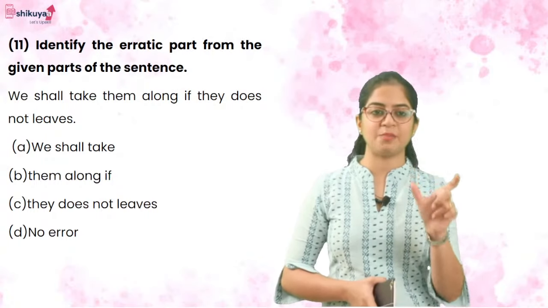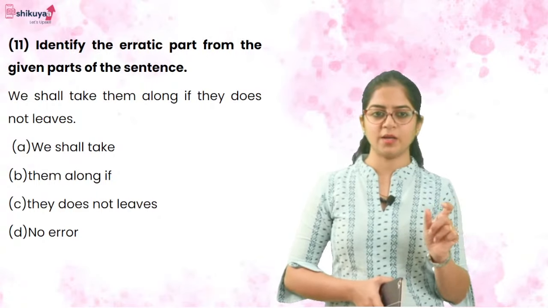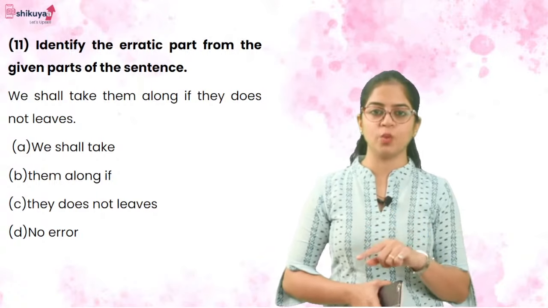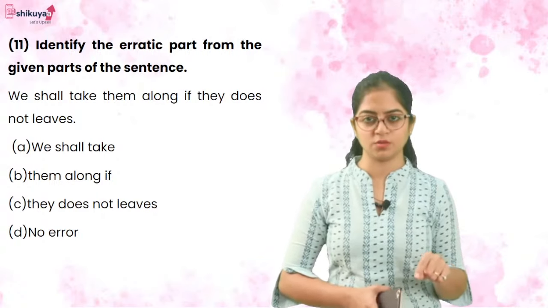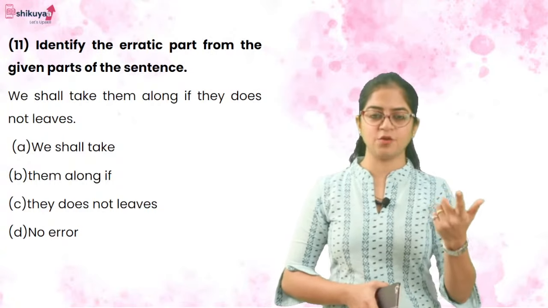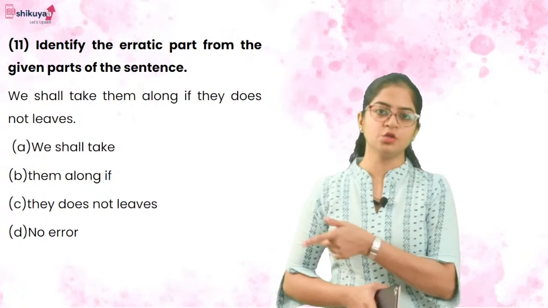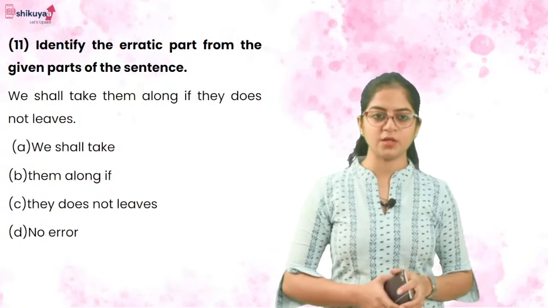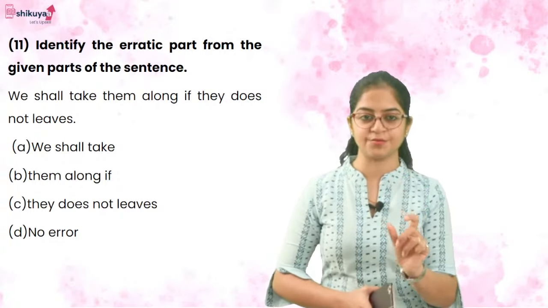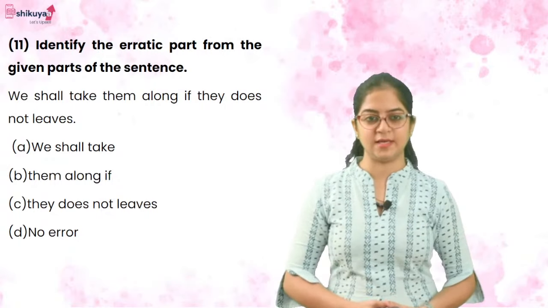You can see in part C, "they" is the pronoun, right? With "they" we cannot use "does". "Does" can be used with singular pronouns, like he does, she does. Here they have used "they". So along with "they", "do not" is suitable. Do not leave. Instead of "leaves", it is "leave". Okay, they do not leave. So the error, of course, is in part C.